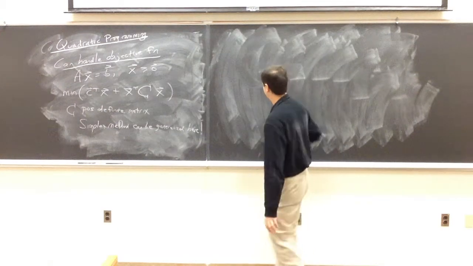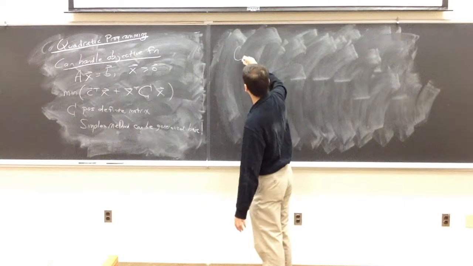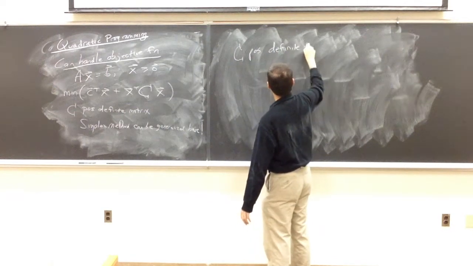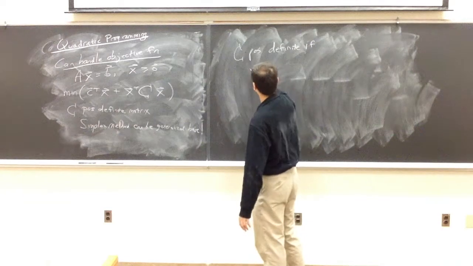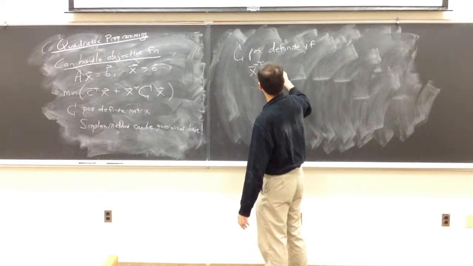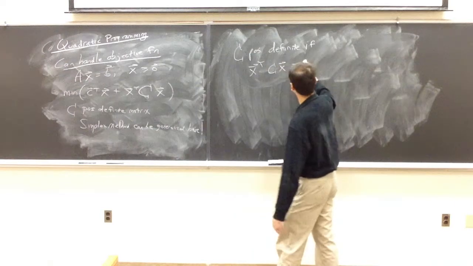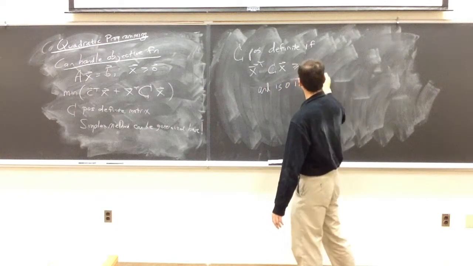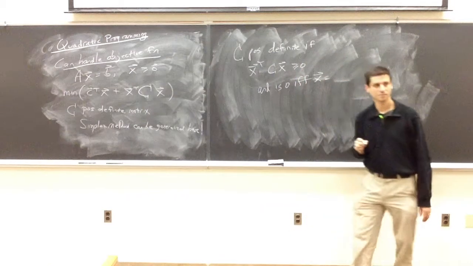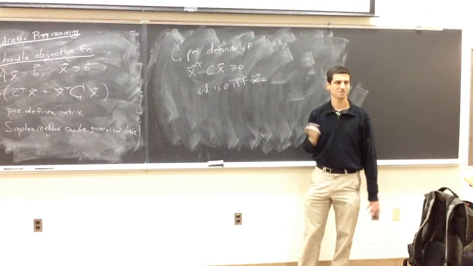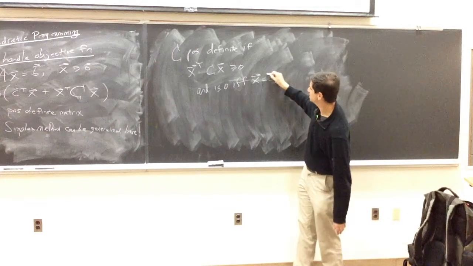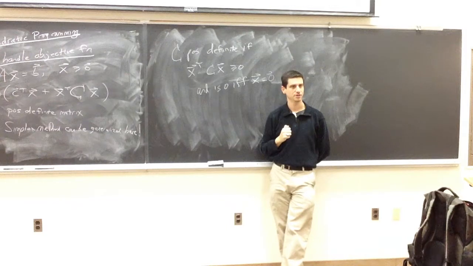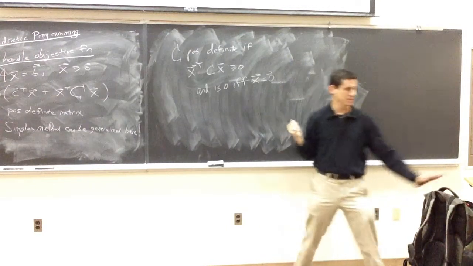In fact, C is positive definite if x transpose Cx is greater than or equal to 0 and is 0 if and only if x equals the 0 vector. You choose x to be the 0 vector, not surprisingly, x transpose Cx is going to be 0.